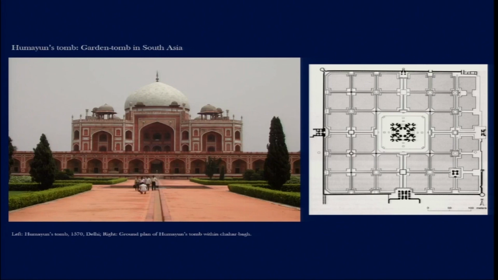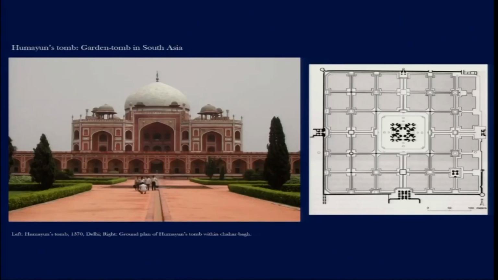Why this is important is because there has been a long-standing debate in Islam about whether to represent something that is figurative. There have been views that the representation of figurative motifs is barred or not allowed in Islam, and that is the reason for the high relevance of geometry.